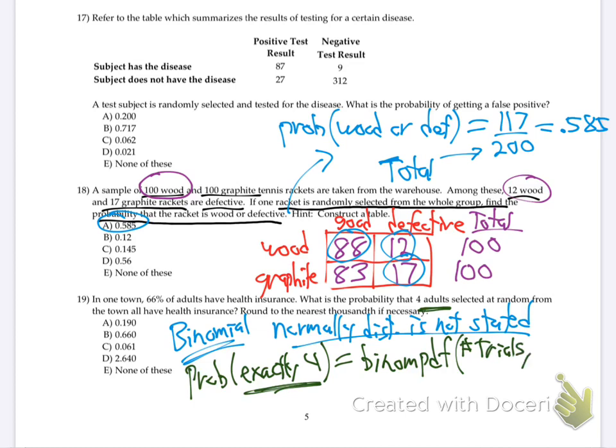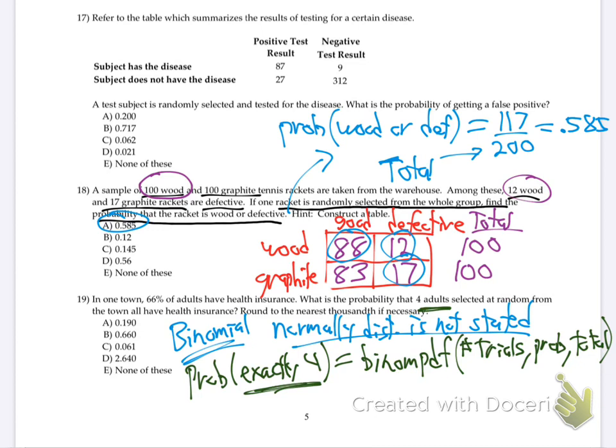Here, can I see it real quick? Trials, probability, and total number. Is that how I write it? You wrote 4. I just put a 4, huh? Yeah. I didn't get more specific than that.